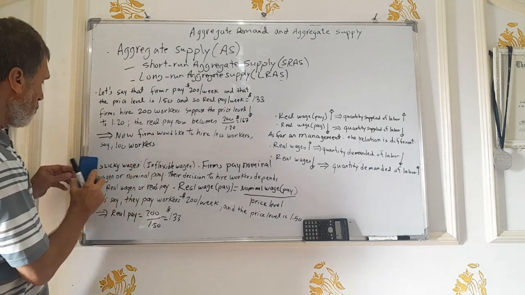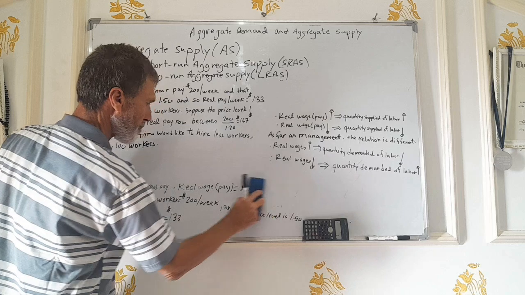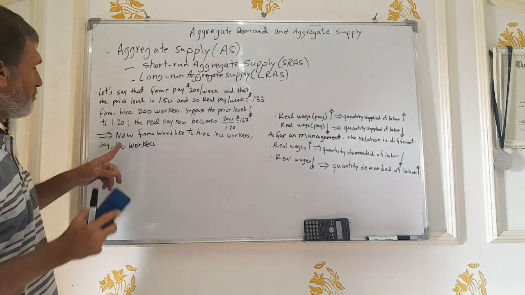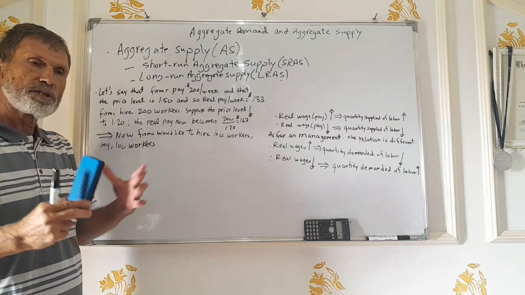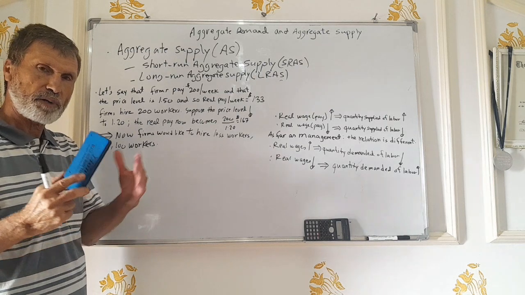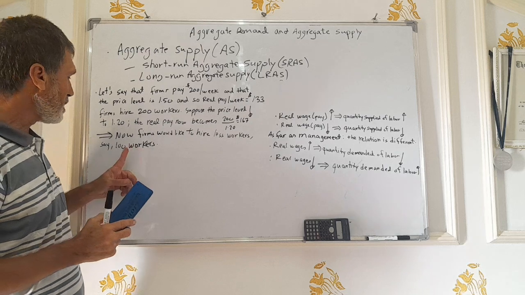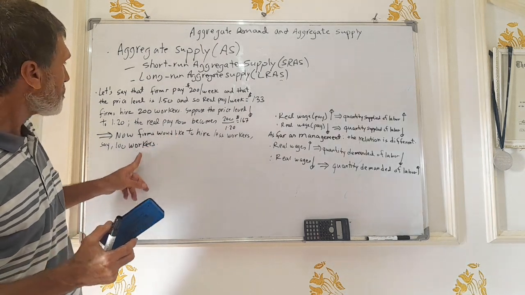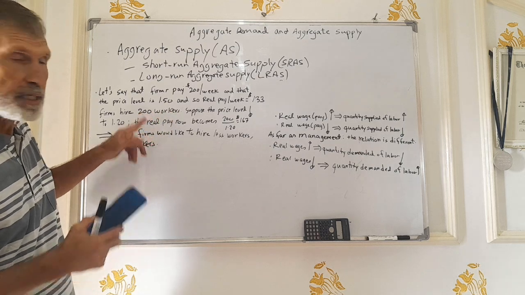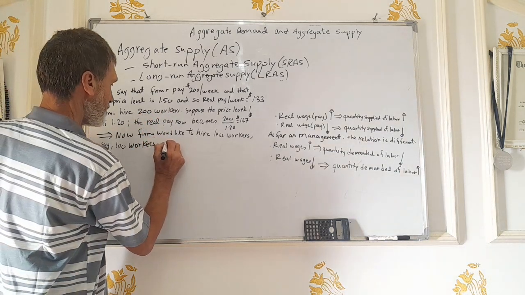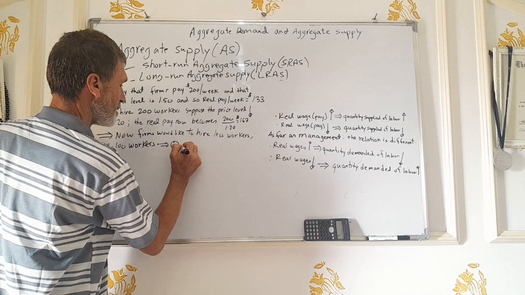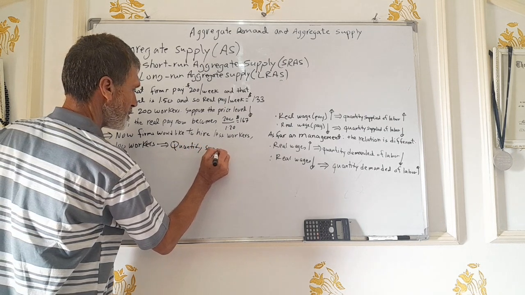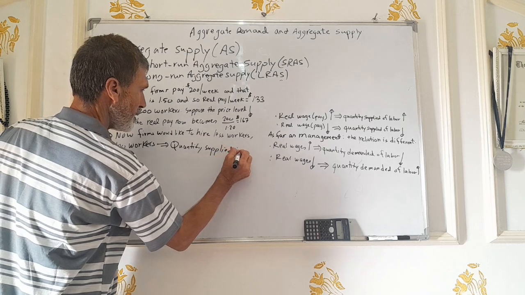So now we learn the following. When the firm hires 100 workers, when the price level decreases, it means 100 workers will produce less output than 200 workers. Therefore, here, quantity supplied is less.